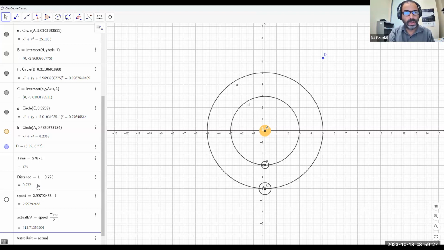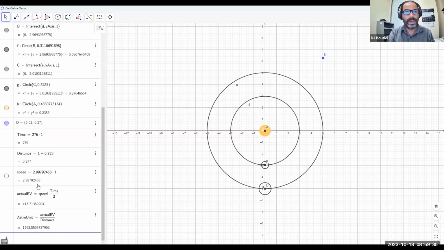So it's the actual Earth-Venus distance divided by the Earth-Venus distance in terms of astronomical units. Okay, finally I got the number. Sorry. It's 1,493, basically 100 millions of meters.